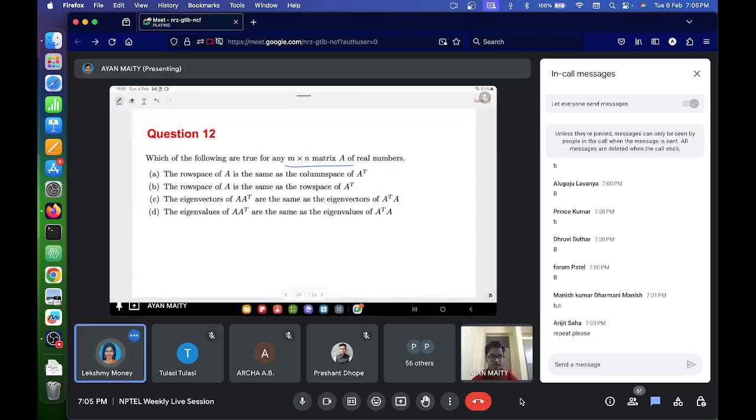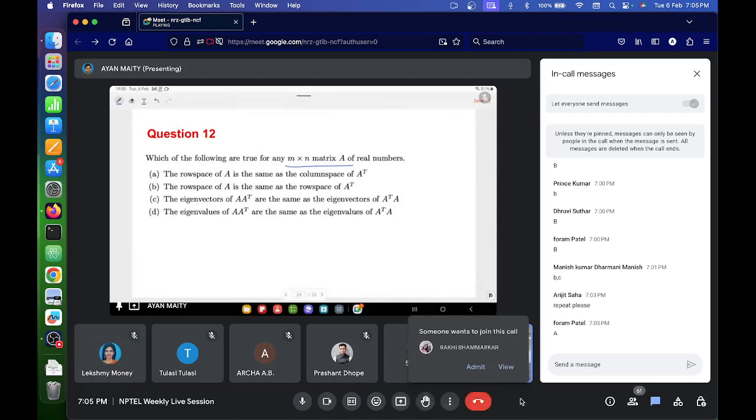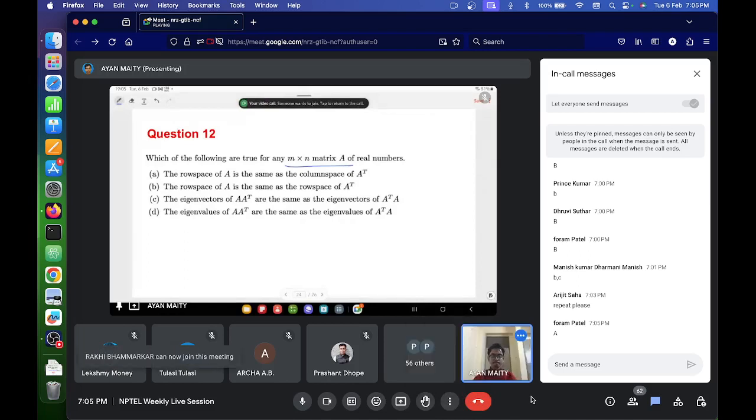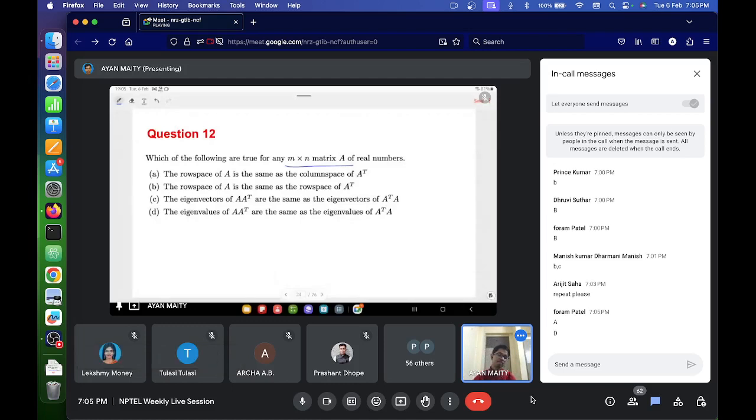A is there. Okay, A, yeah, and some other options might also be correct. Forum Patel is saying A and D. Okay. Anyone else?